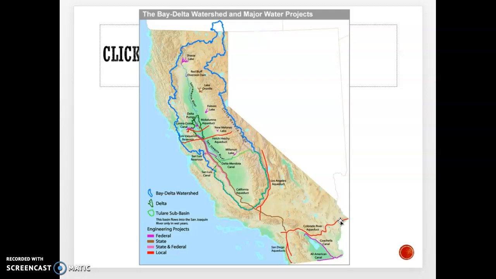Sadly, we take so much water from the Colorado River that when it actually meets the Gulf of, I'm at a loss for words, this area down here, the river's actually dried up several times during the year because we take so much water from the Colorado River. So sort of sad, and it can be devastating.